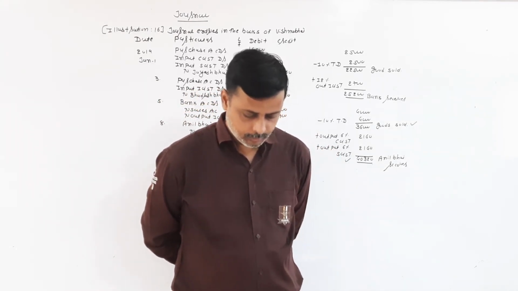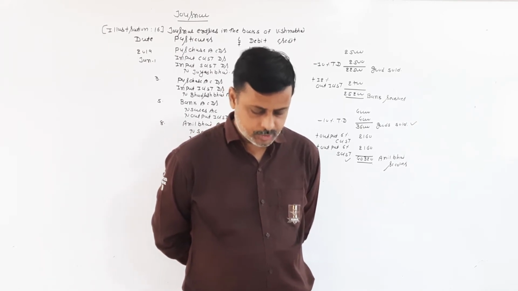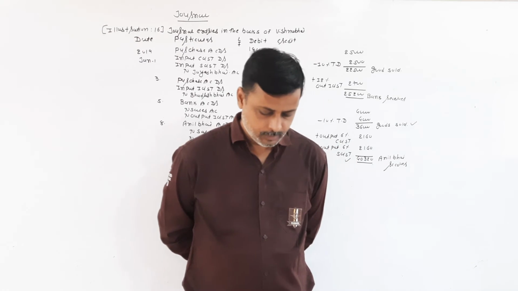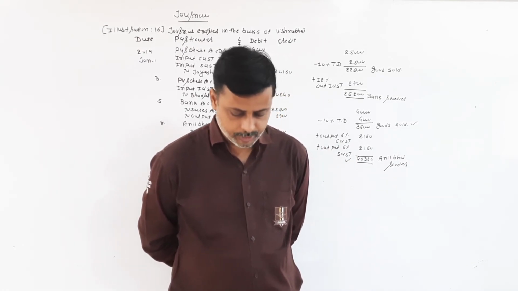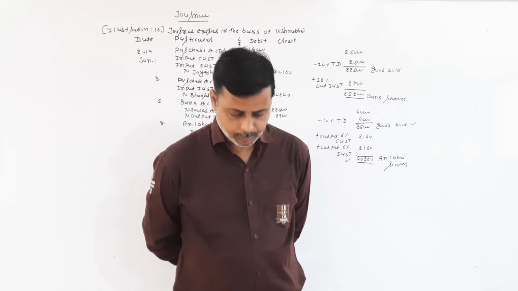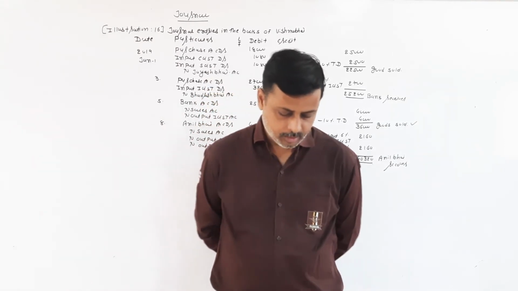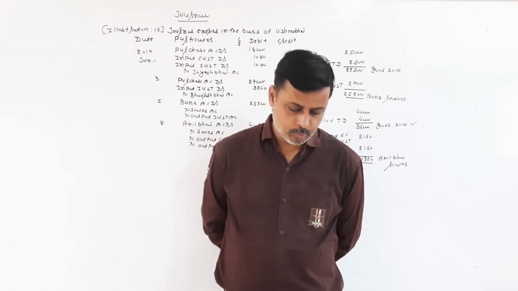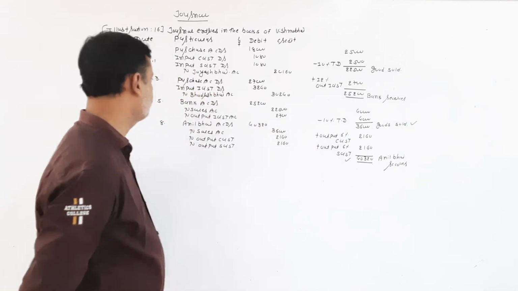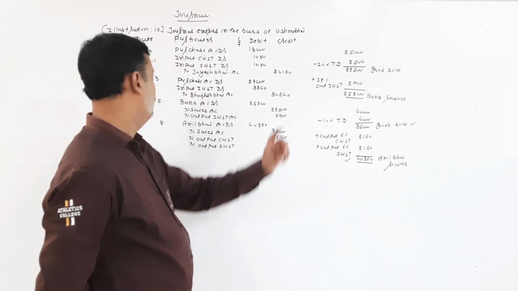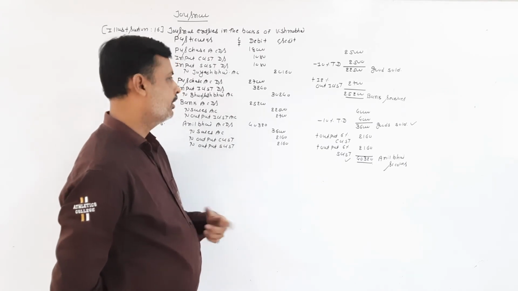Now number 10, one third of goods returned to Badresh Bhai of Bhubaneswar, Orissa. The proportionate GST is adjusted. So one third of goods returned to Badresh Bhai. Now here, on the third date we purchased goods from Badresh Bhai.